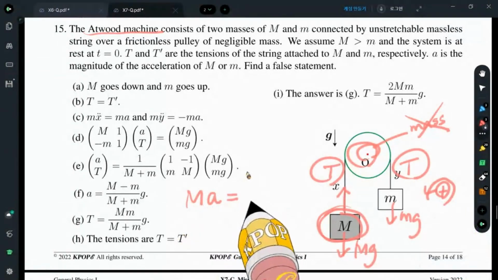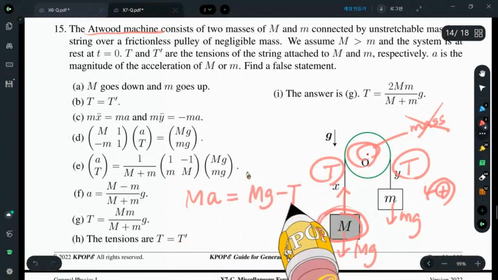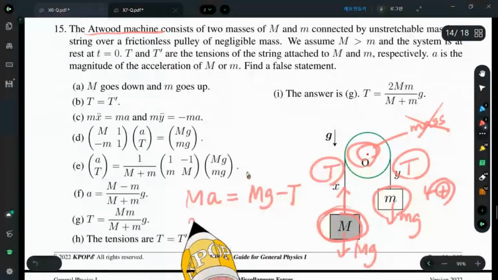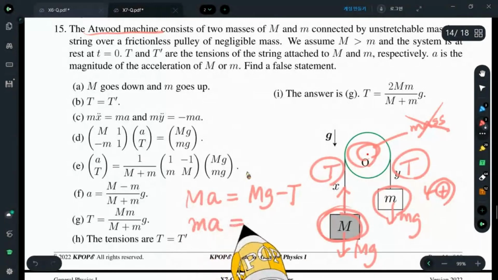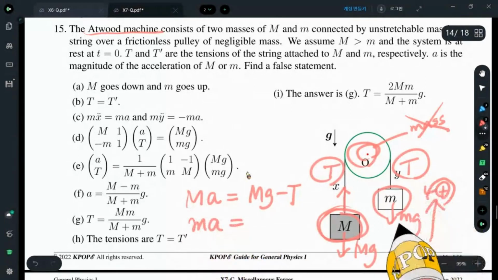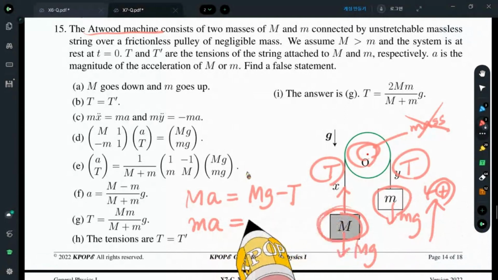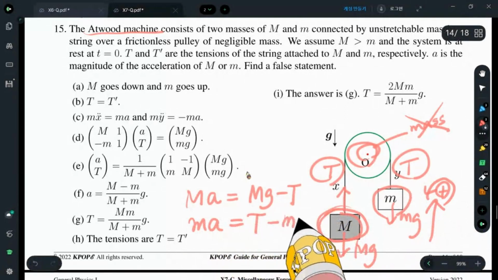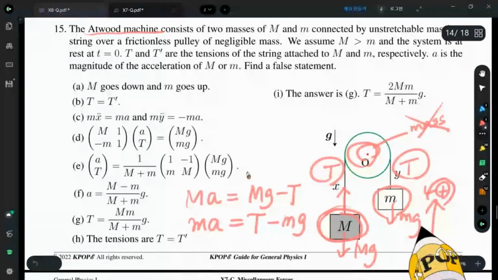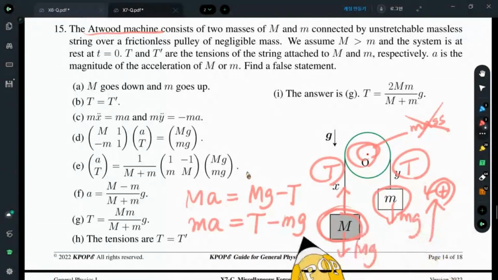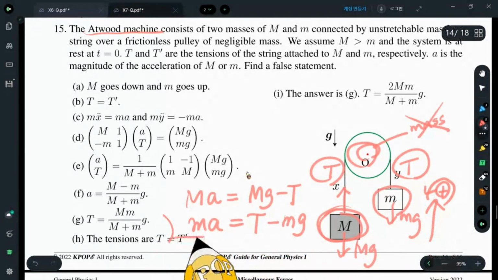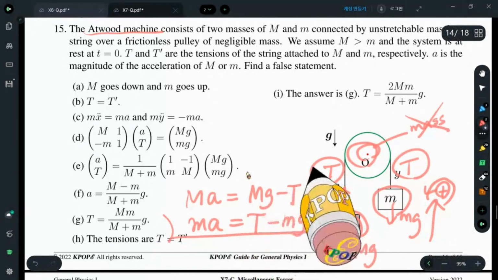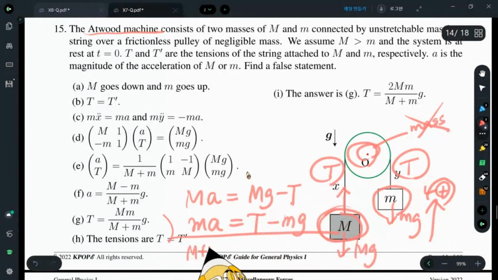In that case, it is Ma equals Mg minus T. And going up is positive, so ma equals positive T minus small mg. Be careful with choosing the direction. In here, you will find the sum, T cancels, (M plus m)a equals (M minus m)g, and you will find the answer.